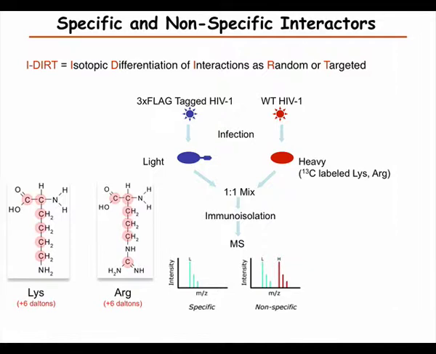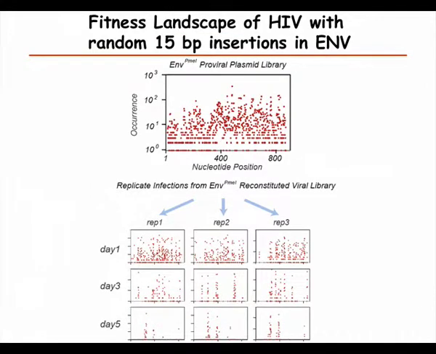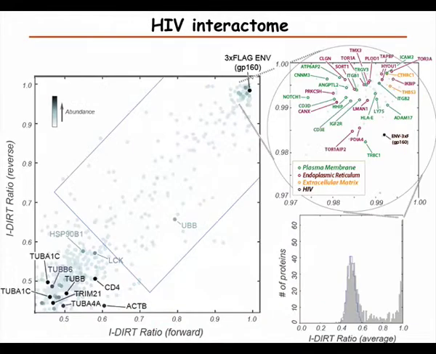So again, in this project we used the heavy isotope labeling to sort out the specific and non-specific. Sorry, this was in the wrong order. This was the result for envelope.